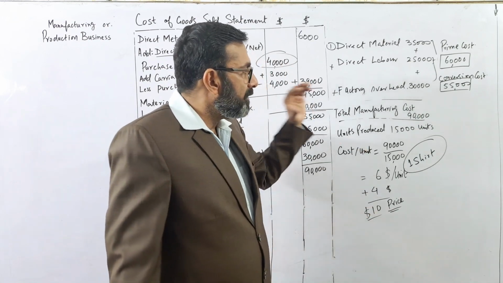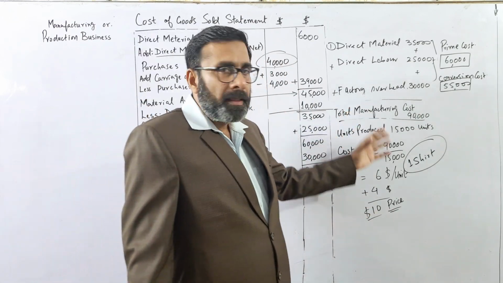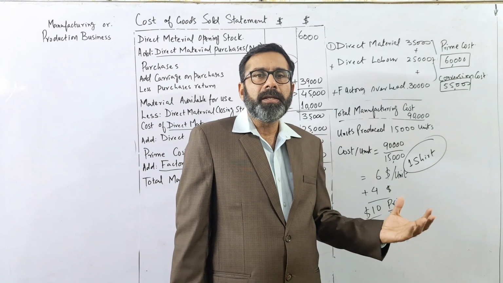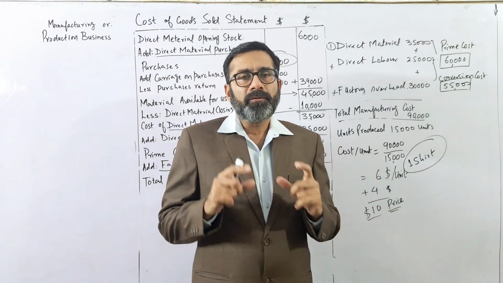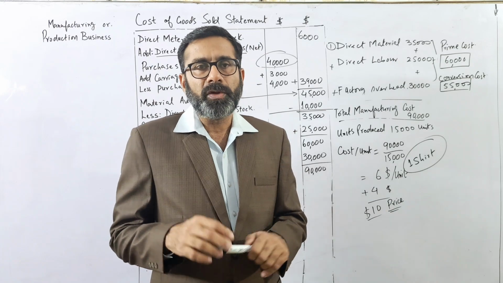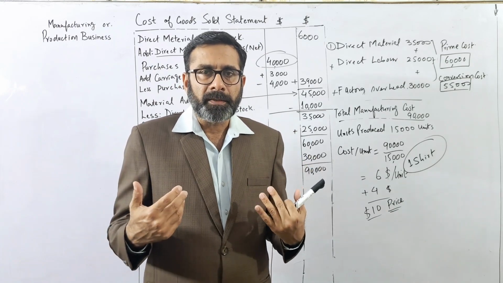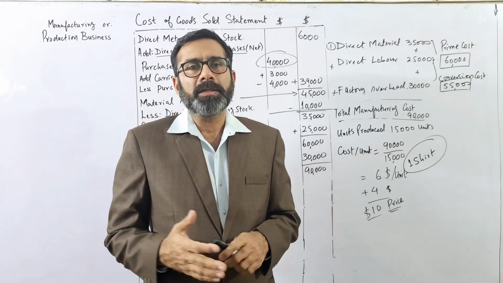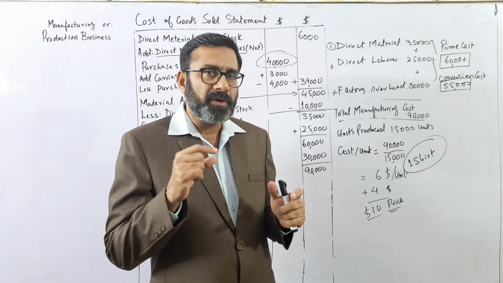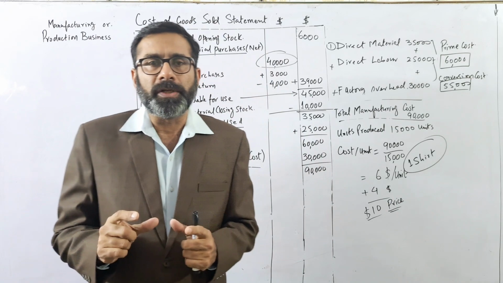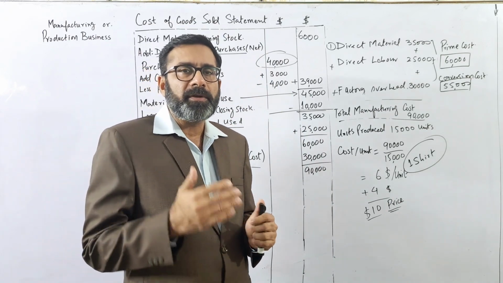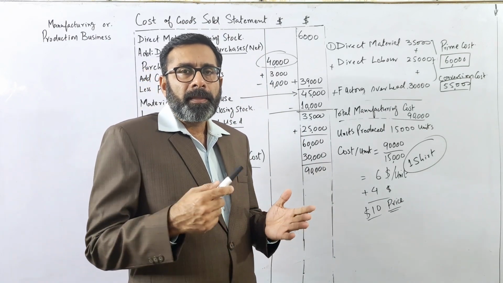So it means why do we need the cost of goods sold, why do we need the cost of manufacturing, why are we focusing on that? Because to fix the price of the product, we need to know how much the cost is. The same thing will happen in the cost of service, but here we are just working on the cost of the manufacturing unit, the cost of the goods which are manufactured, not the service.